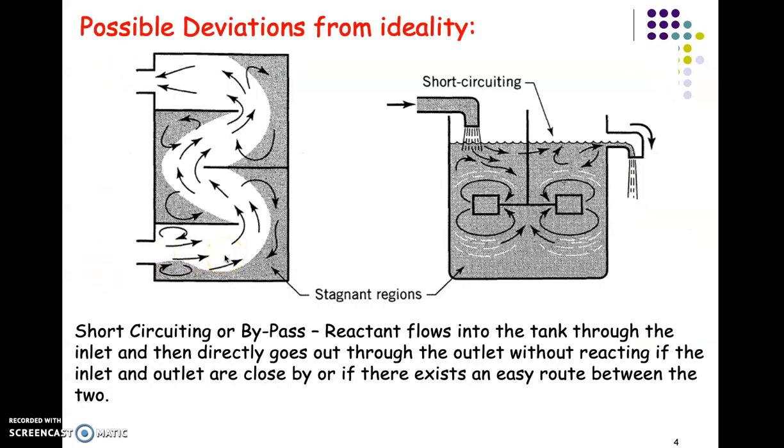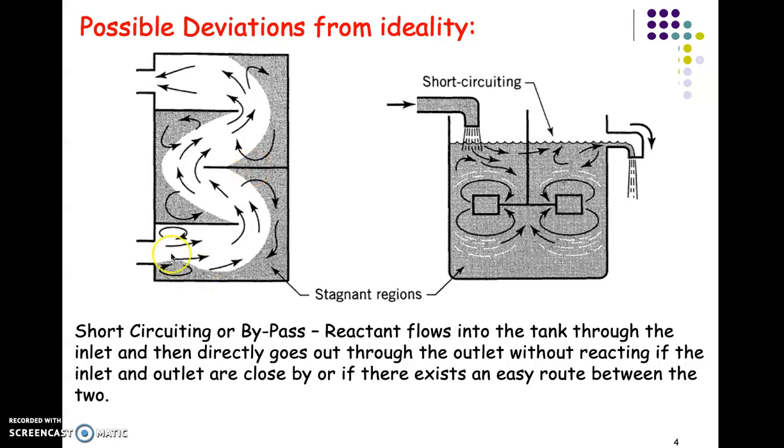Firstly, I normally ask my students: why do you need to learn this chapter? Maybe you are not familiar with what RTD is. It is residence time distribution. So why do we need to learn this chapter? For instance, this is a flow reactor. Let's say this is a PFR, with the inlet and the outlet.